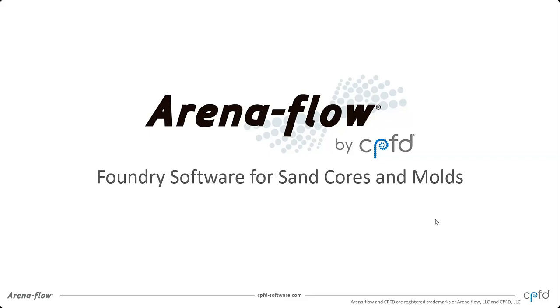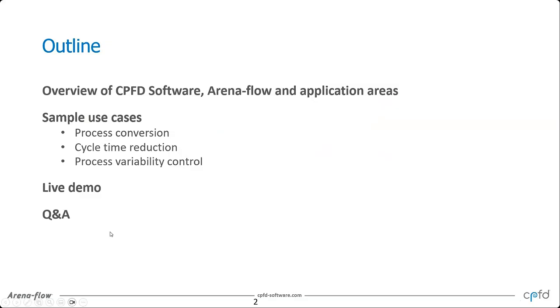It is my pleasure to present Arena Flow, the latest addition to the APA. Arena Flow is specialty foundry software for sand cores and molds. The outline of this webinar is: I am going to begin by giving a brief overview of our company and specifically the Arena Flow product, how it's used.